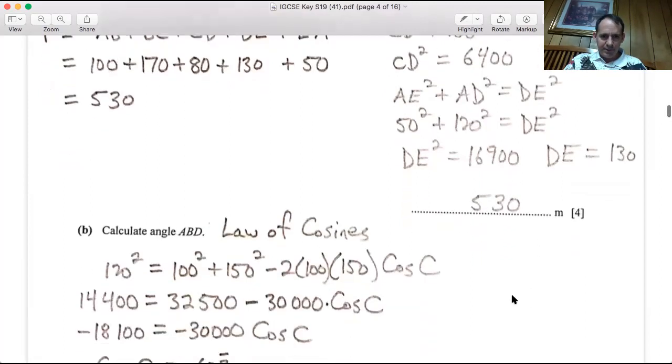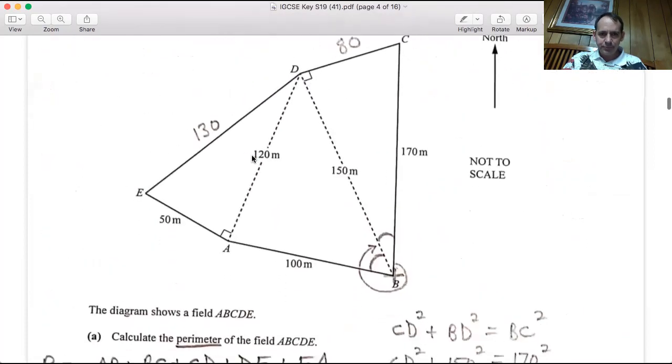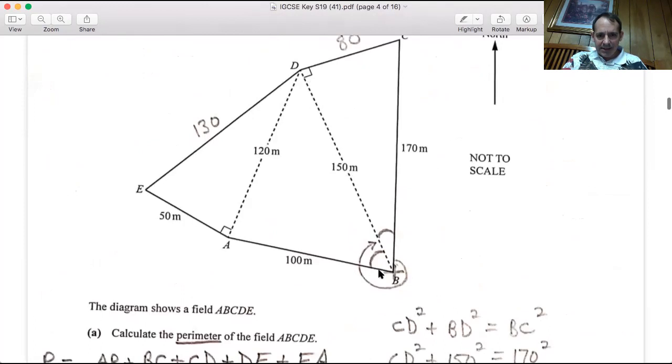So that's not too bad. Now it wants us to calculate the angle of ABD. So if you look at ABD, it is this angle right here. I know there's several markings on here because you're answering several questions, but A to B to D is this angle right here, and it is inside the triangle that does not have a 90 degree.